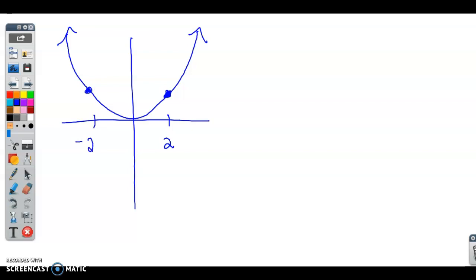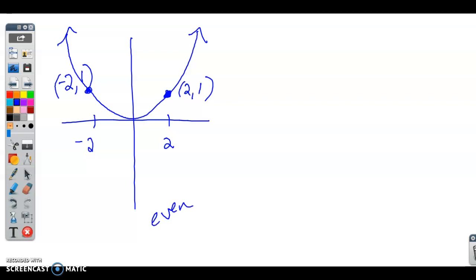So let's say this first ordered pair is (2, 1). Over here, I plug in a negative x value and I still get a 1 for a y value. So basically there's symmetry over the y-axis. So that's an even function, which is why the cosine is even.